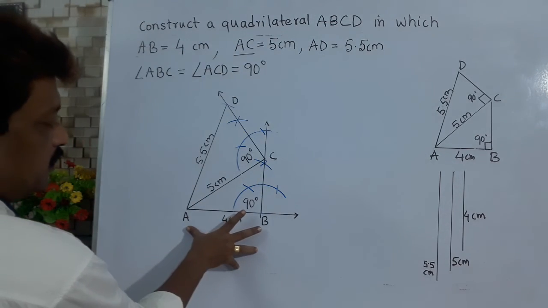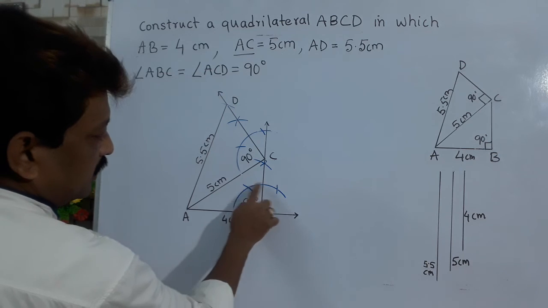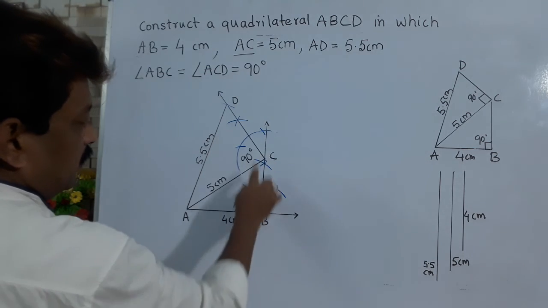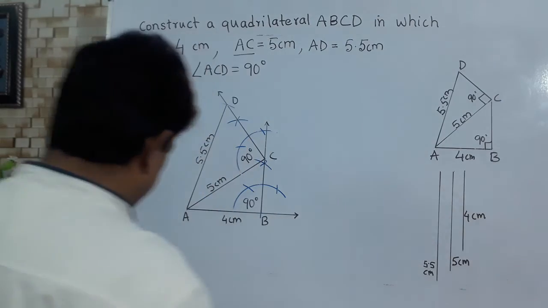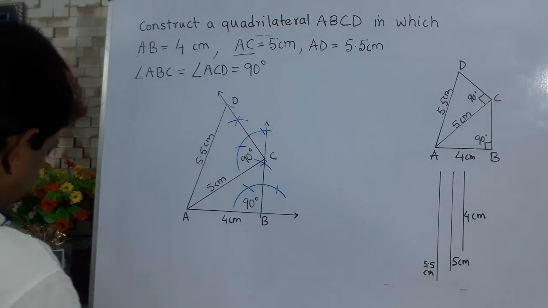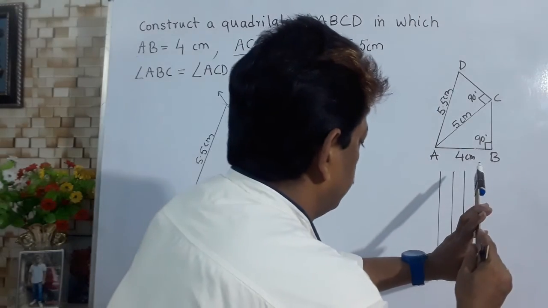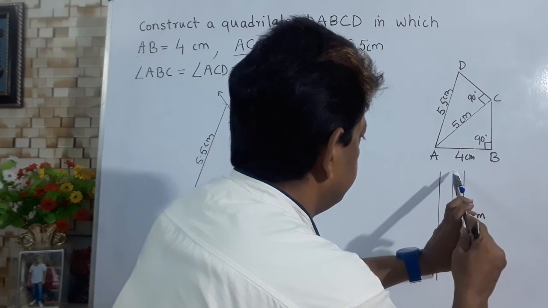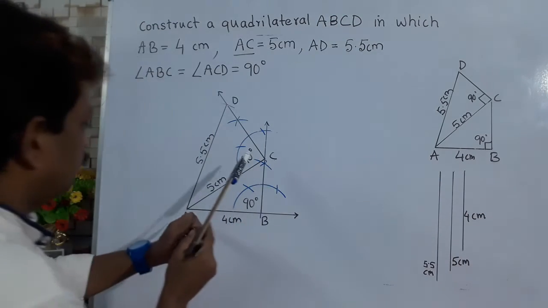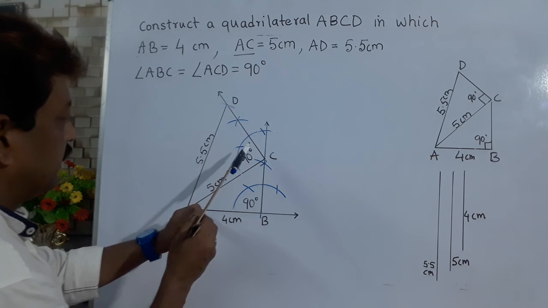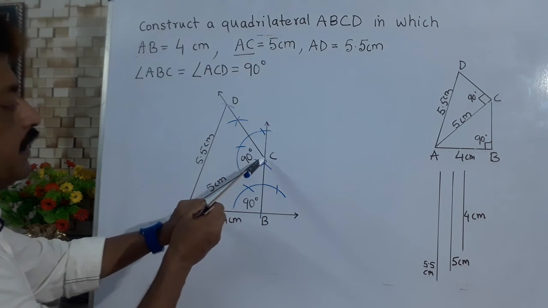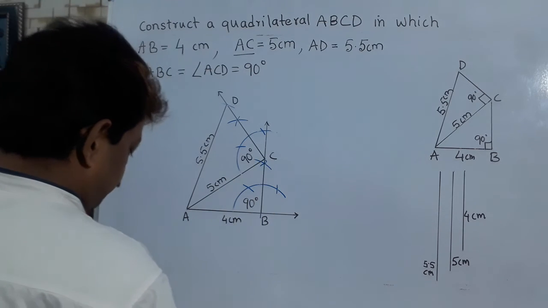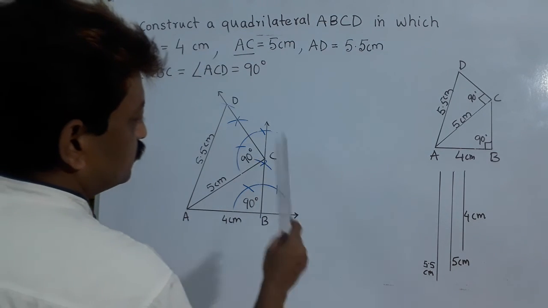At B I have constructed a 90 degree, and then AC is given 5 centimeter. So with the help of compass, I have taken 5 centimeter from here and placing the compass at A, I have cut the 90 degree line at this point. This is C. So the diagonal AC is drawn.